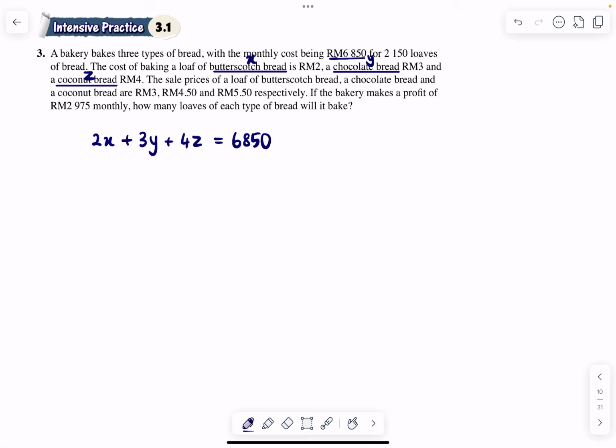And then they said total number of bread is 2150 loaves. So we have X plus Y plus Z bread, total will be 2150.